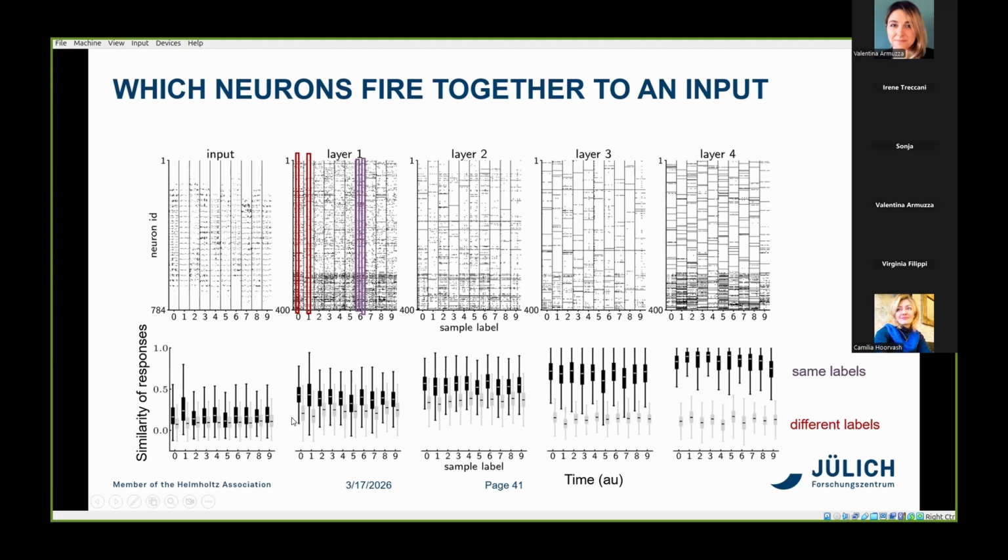And you see here the correlation coefficient of these. And you see, for example, that this coefficient is lower when you compare responses to different labels, as compared to using the responses from 2 sixes, for example. It's typically higher, and this distance becomes larger and larger. They become more specific through the layers.